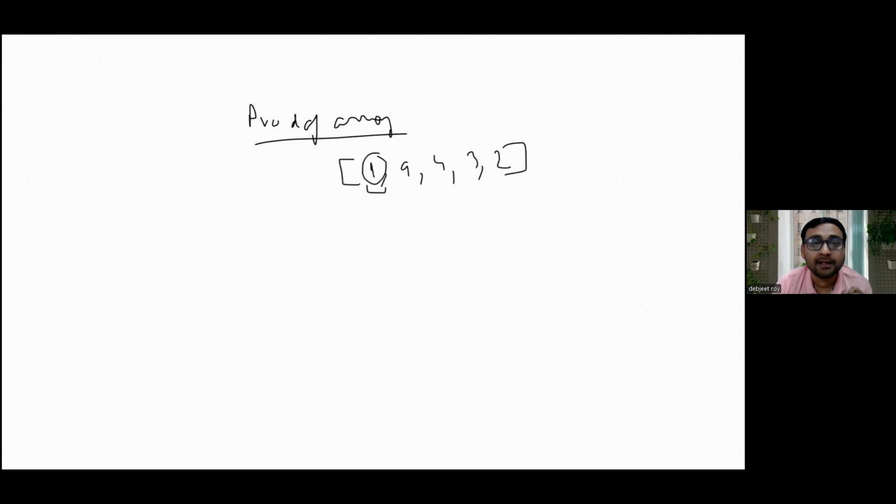When I'm selecting the first index value, I want it to have the product of all the other elements, like 9 into 4 into 3 into 2, and whatever value comes will be placed at that index. At the second index, where the value 9 is present, I want the multiplication of 1 4 3 2, that is 24. It should come as 24.